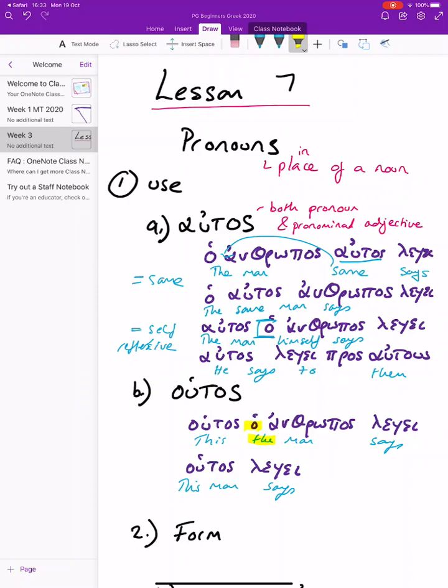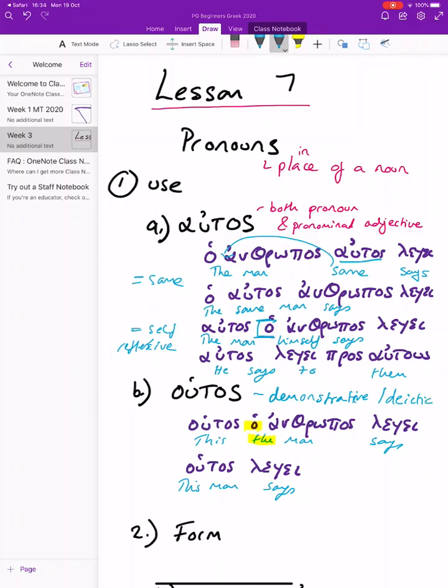So that's the use. You can use them both with and without nouns. And autos has both a reflexive idea and an idea of sameness. Hutos is what we call demonstrative. Greek has 3 different demonstratives. The other term you might see is deictic.